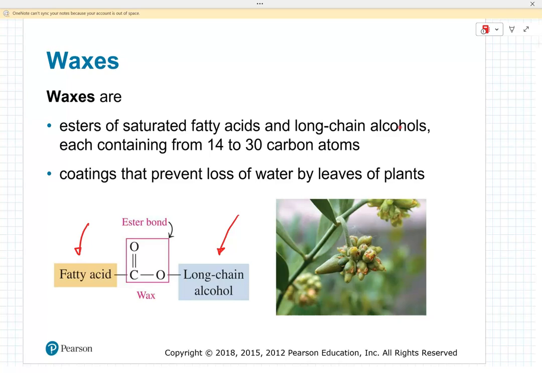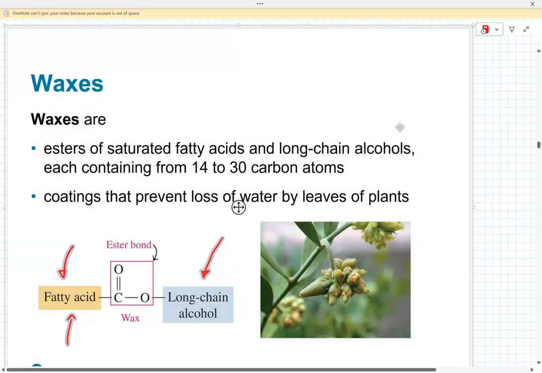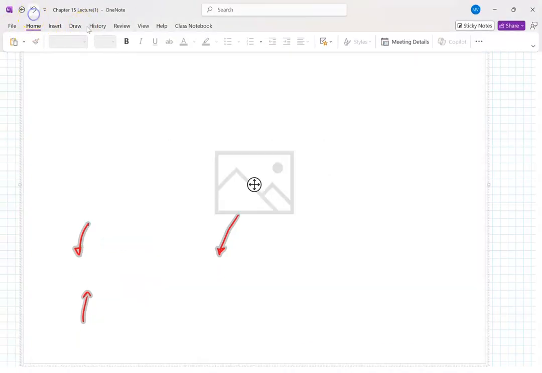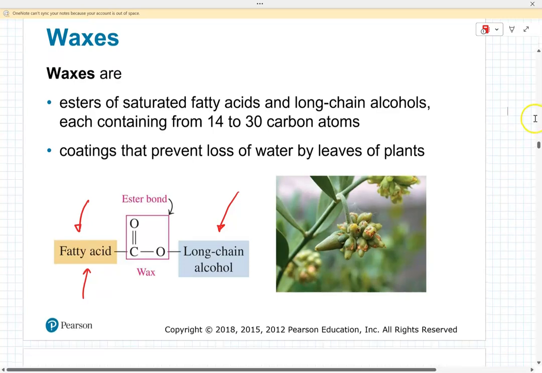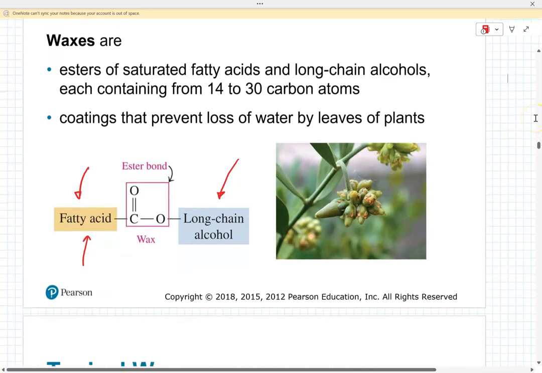Now think about this. You combine a really long chain, say 18 carbons, in a fatty acid, and let's say 18 carbons in the alcohol. It's going to be pretty darn hydrophobic. So waxes, so you can imagine, are hydrophobic. They protect plants from the loss of water, right?